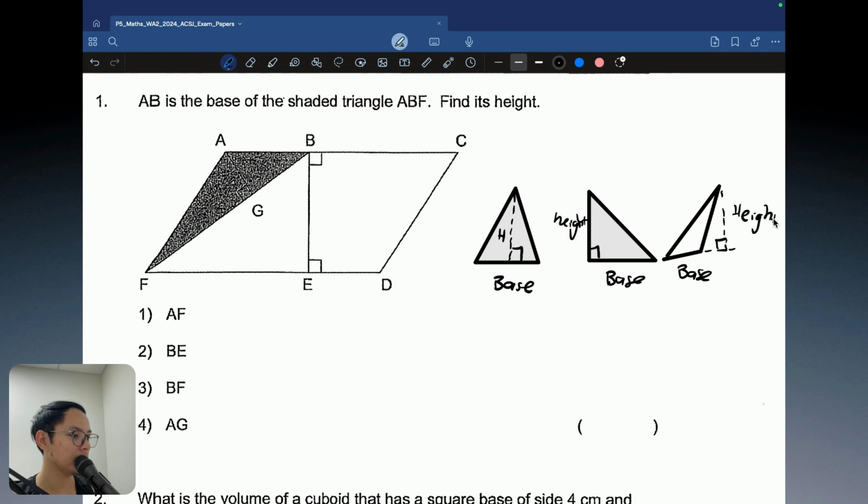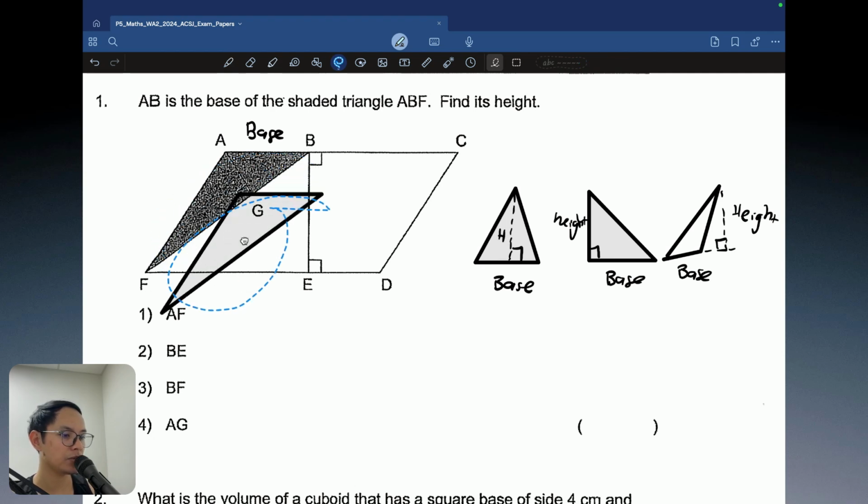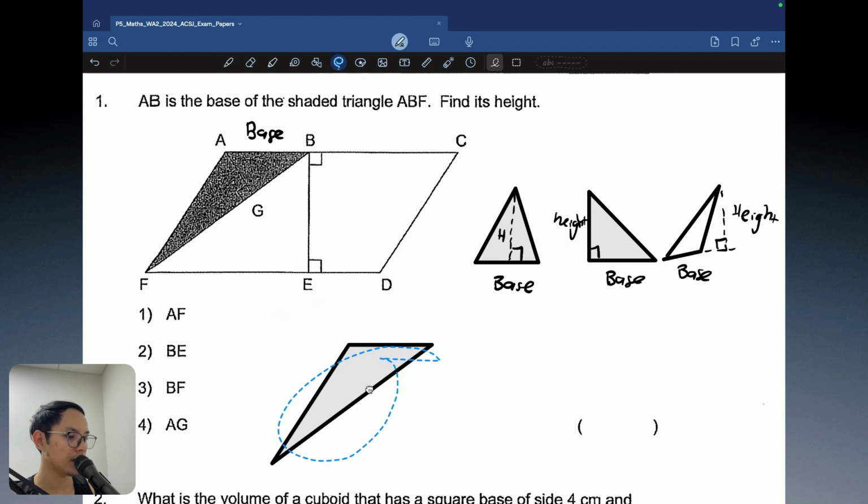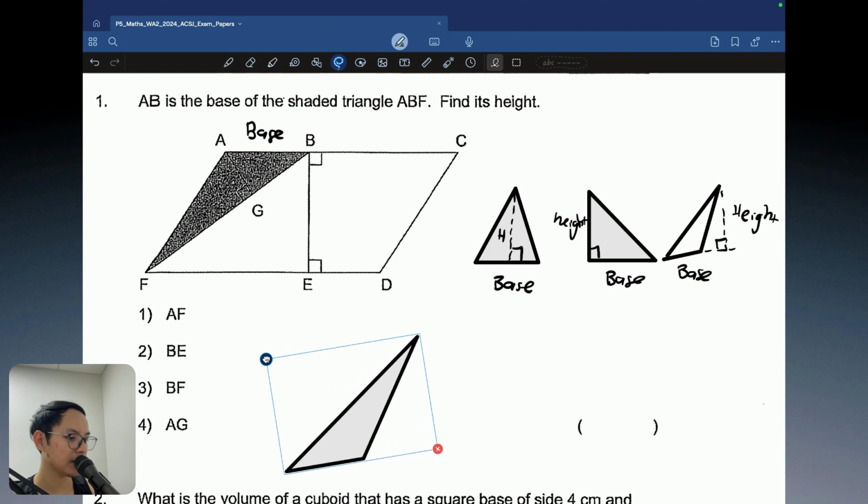Okay, so in this case, the triangle over here is this type of triangle because our base is over here. If I were to just draw this triangle, that's what you see over here. Then if I were to move this and turn it, it looks something like this.